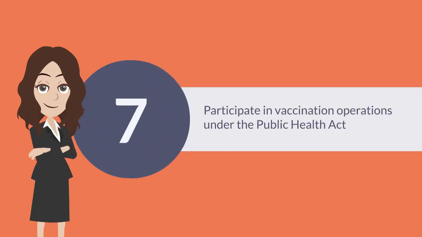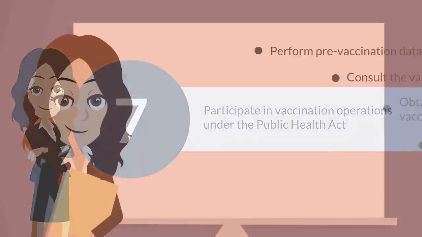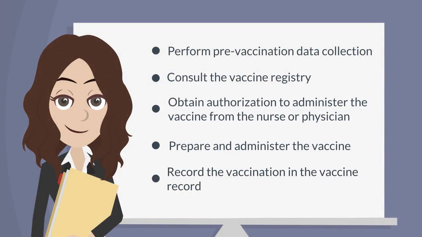7. Participate in vaccination operations under the Public Health Act. LPNs can perform pre-vaccination data collection, consult the vaccine registry, obtain authorization to administer the vaccine from the nurse or physician, prepare and administer the vaccine, and record the vaccination in the vaccine record.